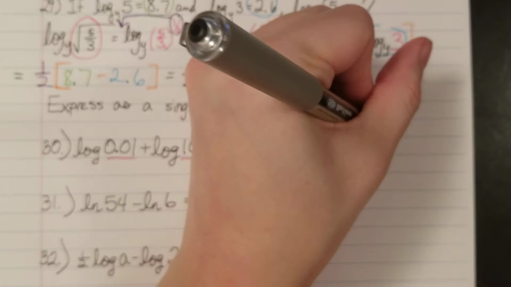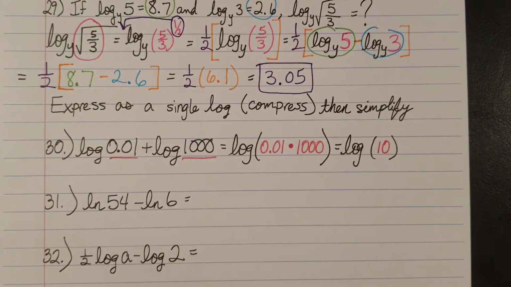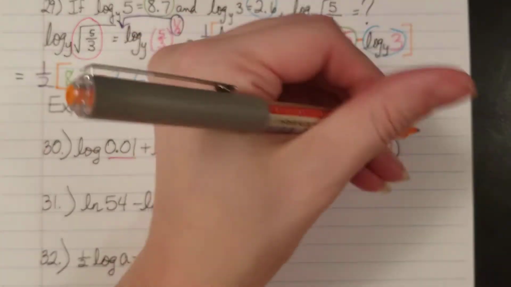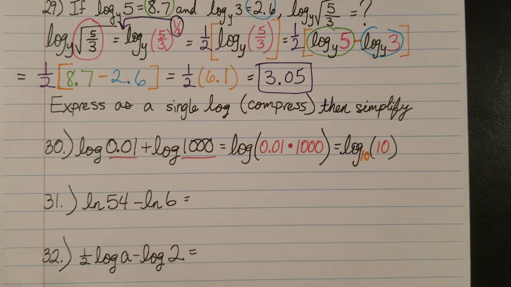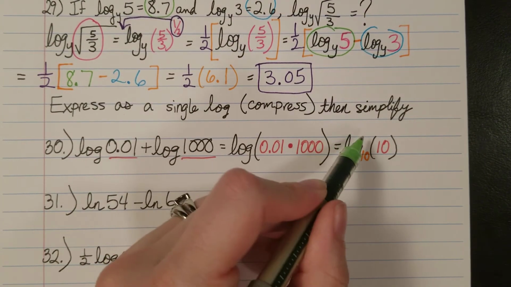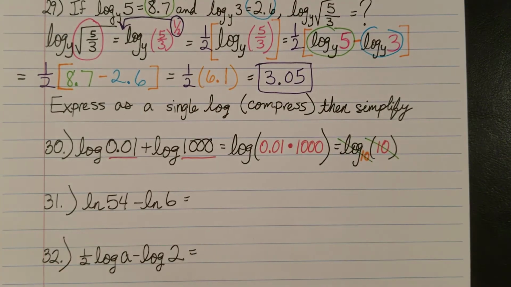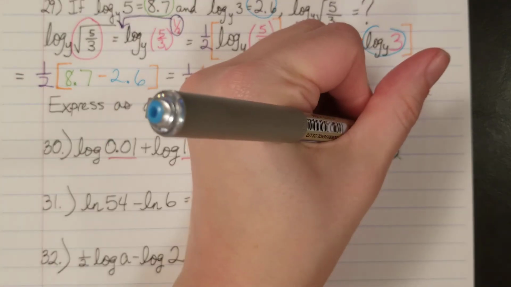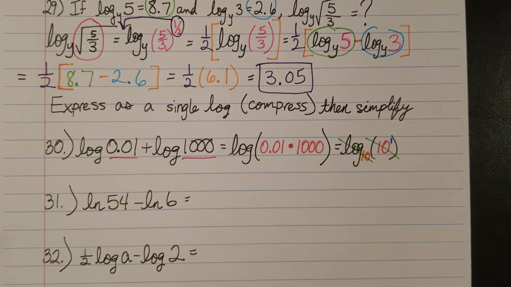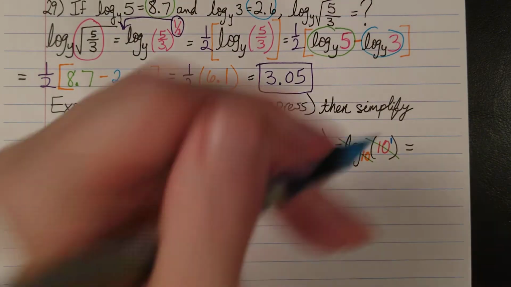So that's a log of 10. All right, now the base, since it's not shown, is understood to be 10. Okay. So you could cancel these out, but what are you going to be left with? You have to be left with something. Well, with the 10, you're left with the exponent on the 10, which is an invisible 1. Okay, so the final answer is 1.